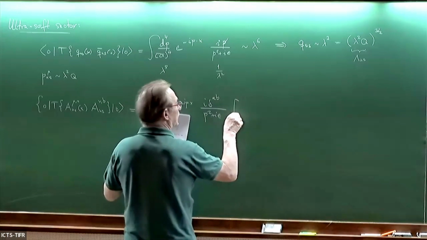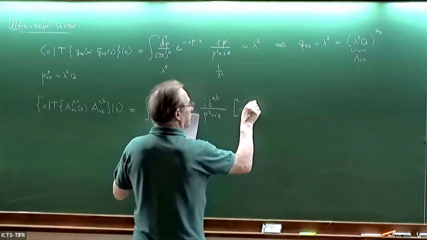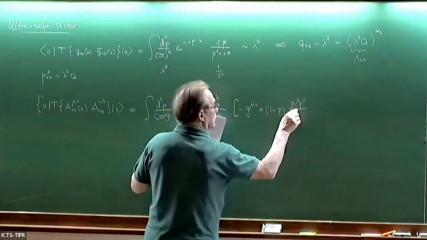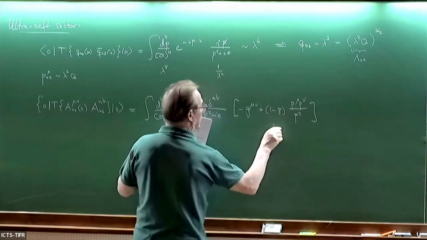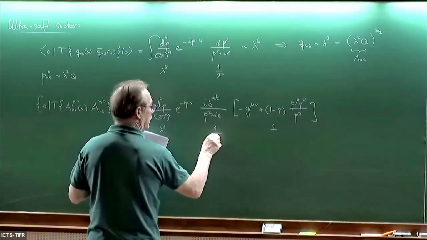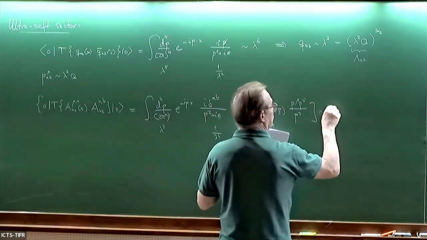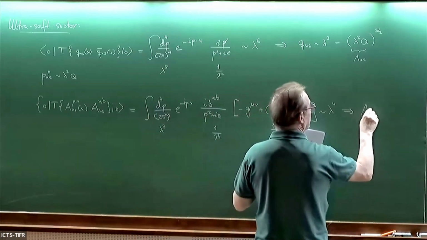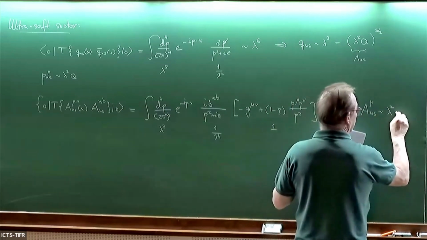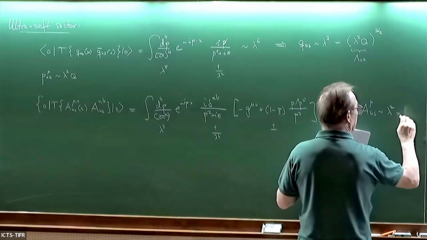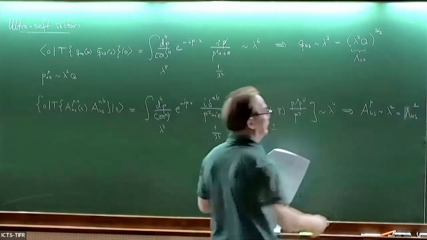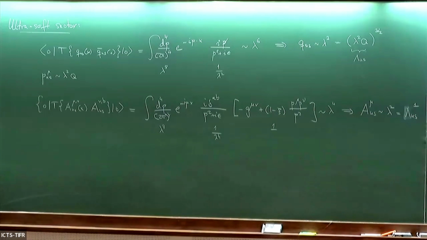But there's nothing inhomogeneous now. All components have the same scaling. So the second term here counts like 1. This counts like lambda to the 8. This counts like 1 over lambda to the 4. This gives lambda to the 4, and it simply means A ultrasoft mu scales like lambda squared, which is really, if you wish, the ultrasoft scale to the first power. So again, this is what you would expect from naive dimensional analysis.